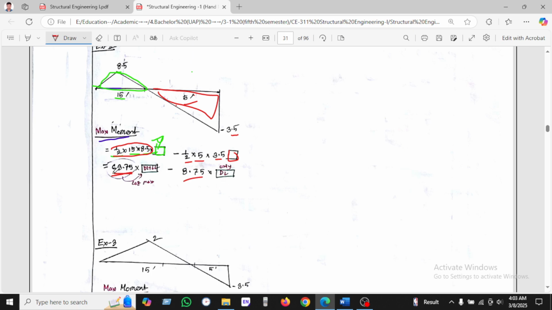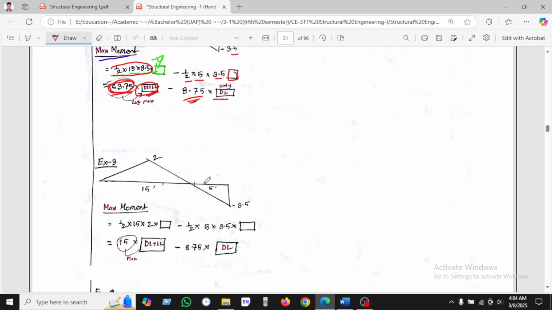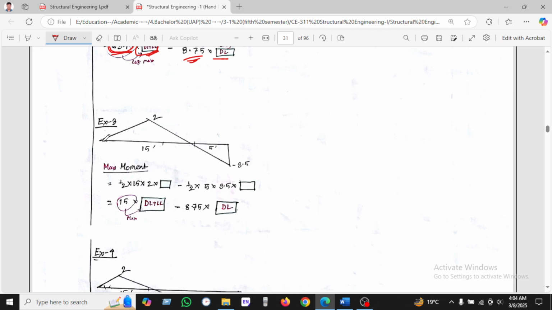When we see the maximum value 63.75, then we use the dead load plus live load. And when we see the smaller number, then we multiply with only the dead load. Why? Because this is the rule. We can see another example here.